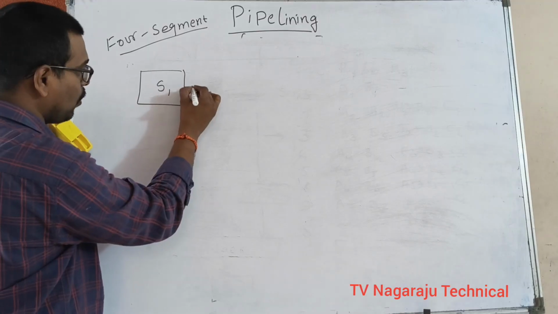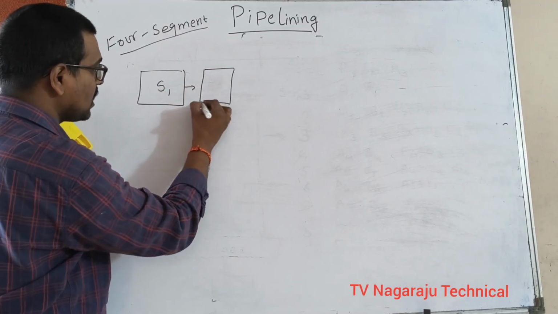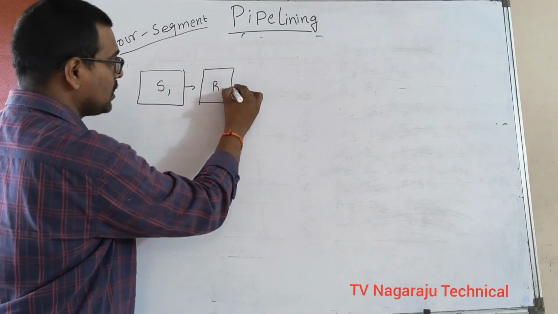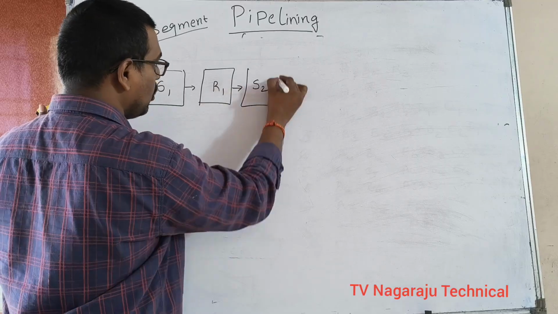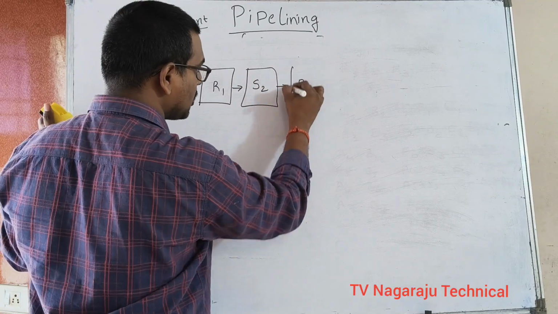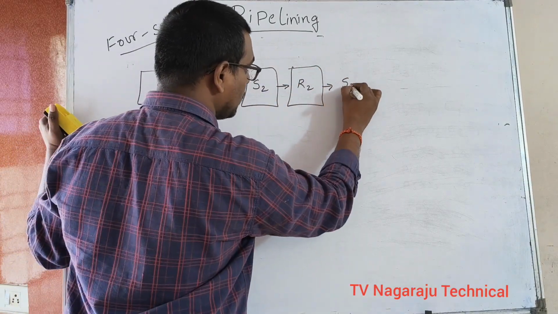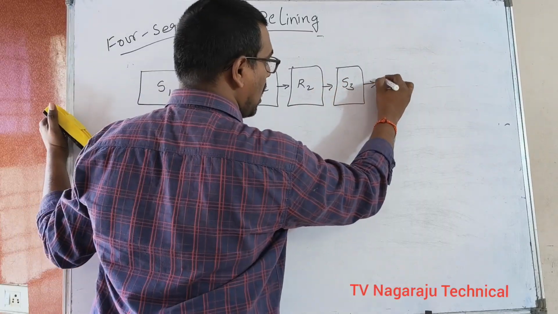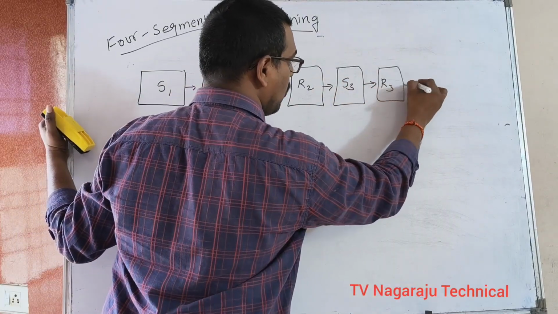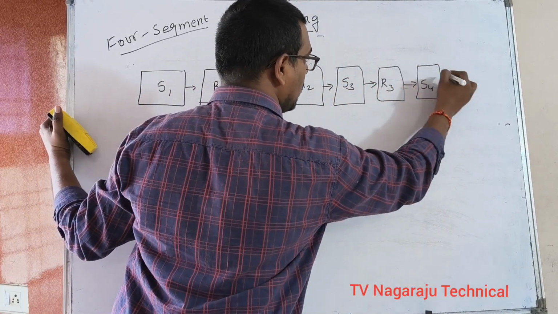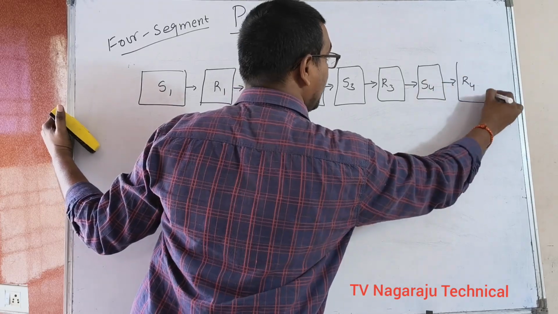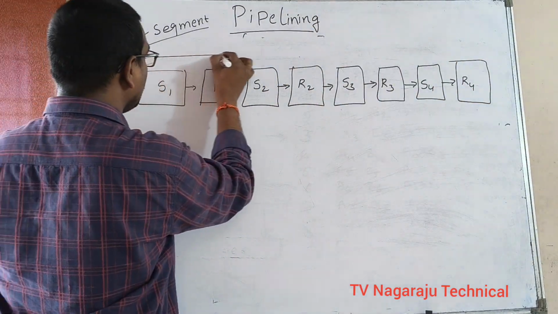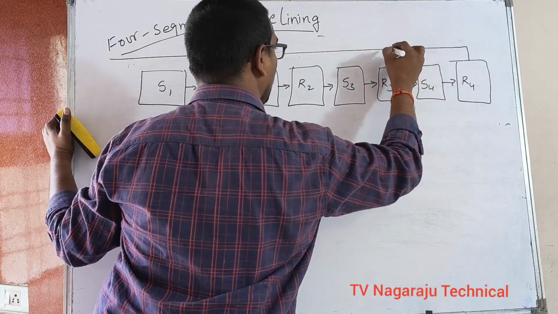This is segment 1 followed by some register R1. Similarly, segment 2 followed by some register R2. Segment 3, some register R3. Segment 4, register R4.